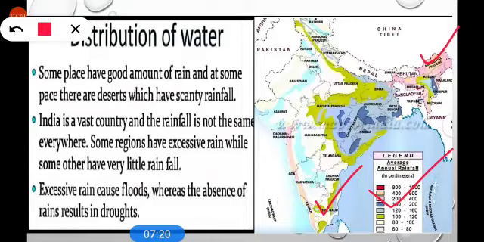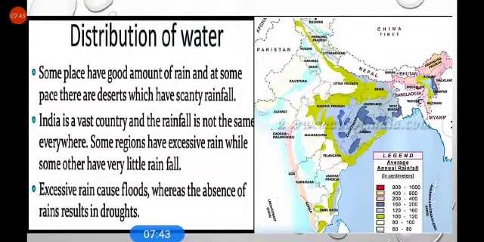So every place is different from each other in rainfall. India is a vast country and the rainfall is not the same everywhere. Some regions have excess rain while others have very little rainfall as shown in the map. Excess rain causes floods, whereas the absence of rain causes drought.